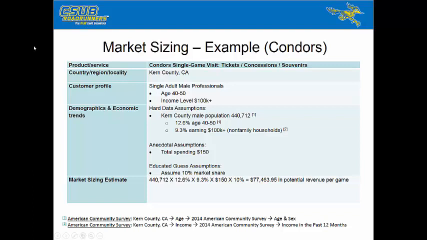Here's an example of what I want the market sizing document to look like. When you're finished, it'll be filled out like this. The product or service depends on what it is in your website that you've put together as the sample product or service.